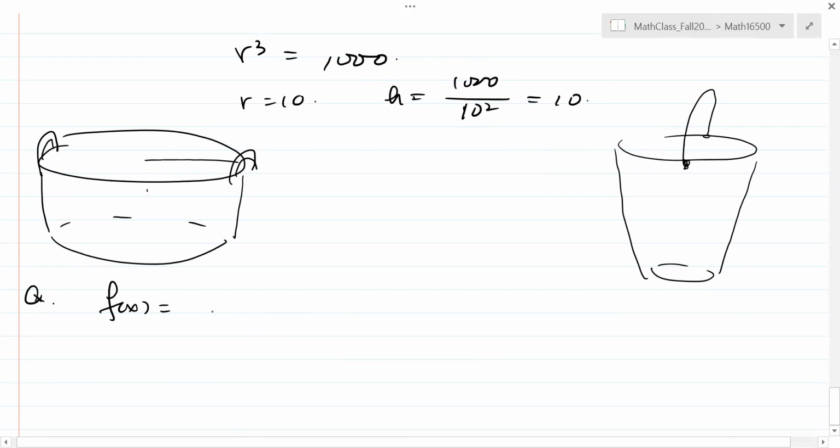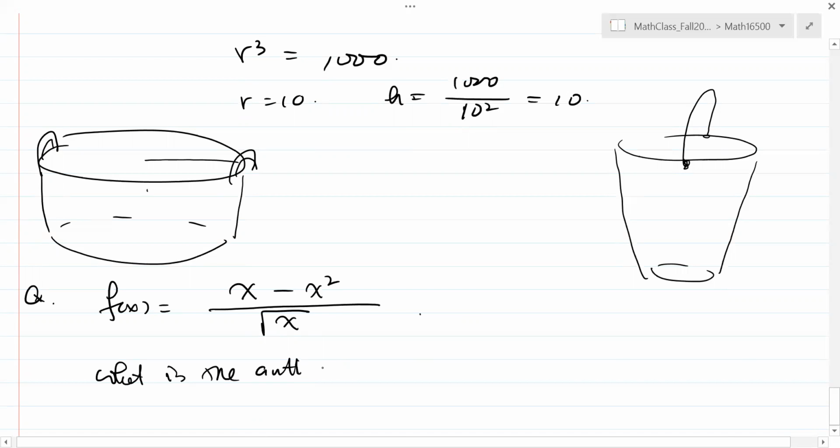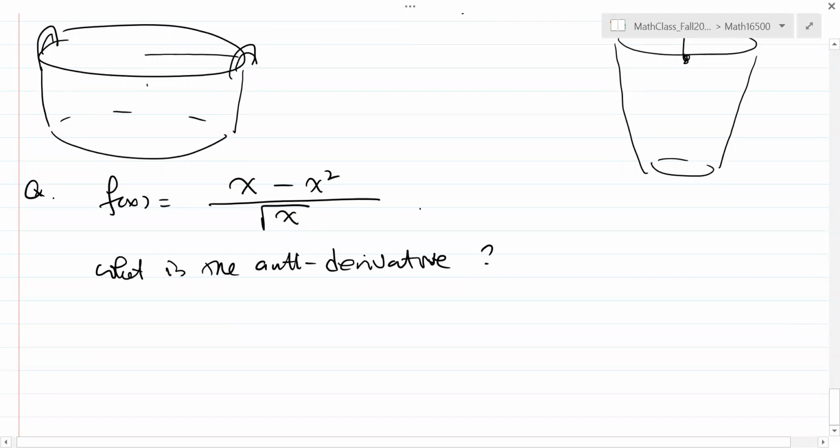If you have square root x times x minus x squared, what is the antiderivative of this function? Just evaluate the indefinite integral.